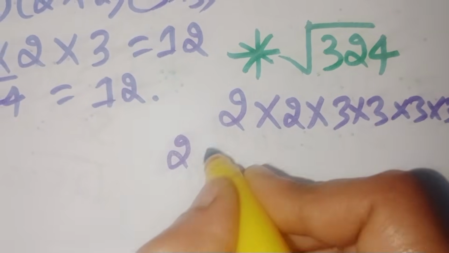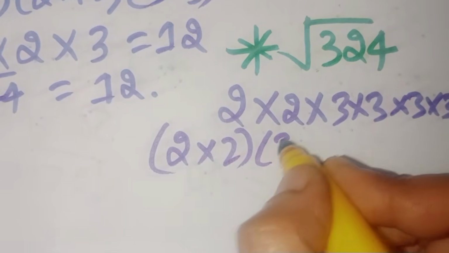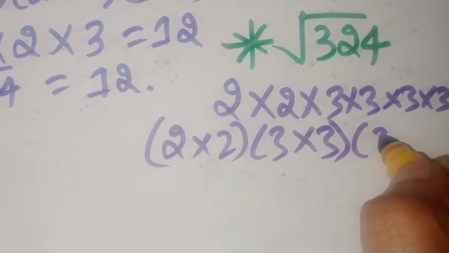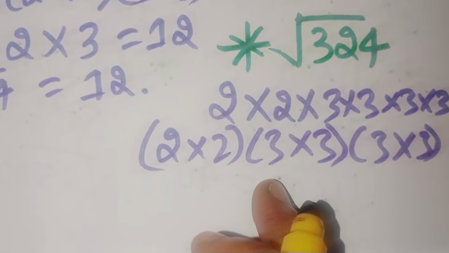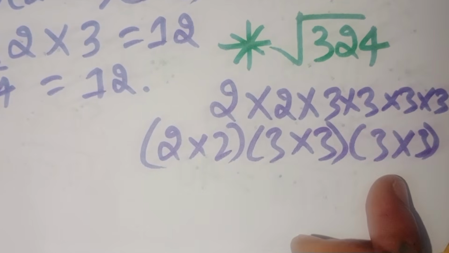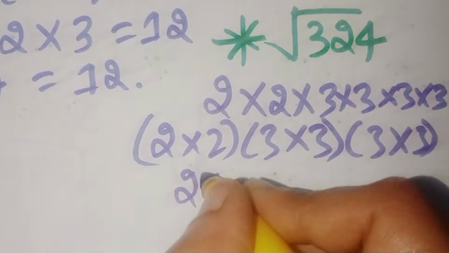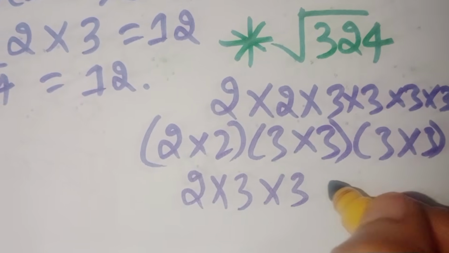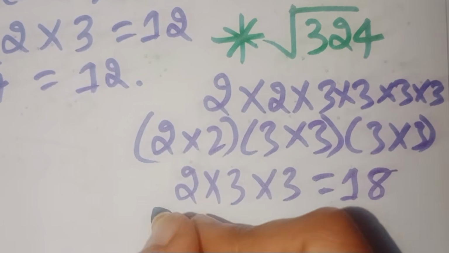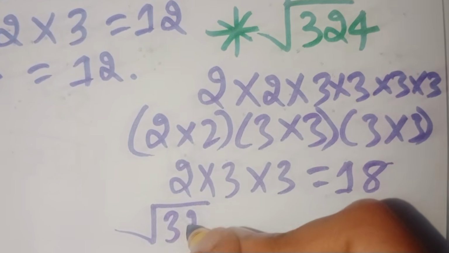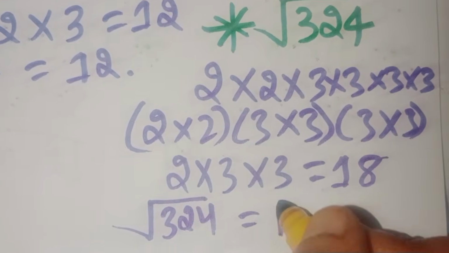Make pairs. 2 times 2, 3 times 3, 3 times 3. Take one number from each pair. 2 times 3 times 3. That is 18. Therefore, square root of 324 is 18.